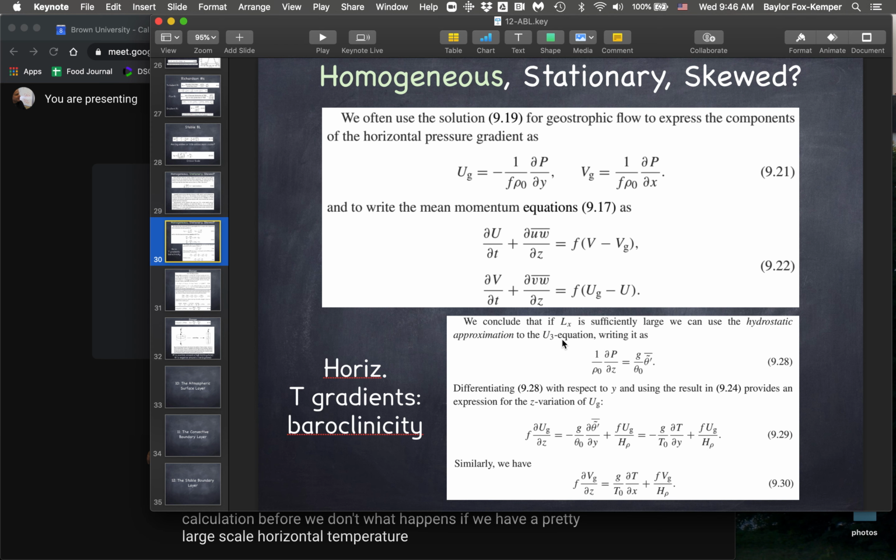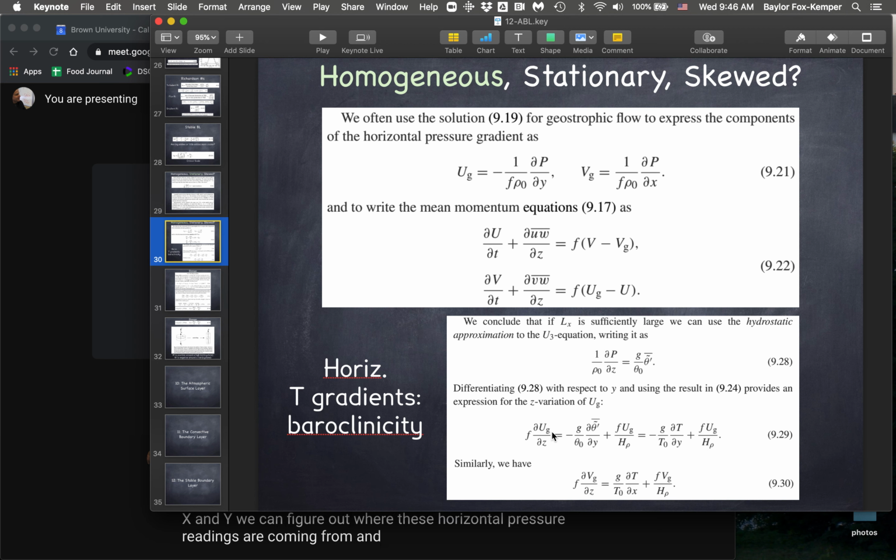The first thing we can find is if the length scale is pretty big, we can be hydrostatic instead of non-hydrostatic, and so we can relate the vertical variation of pressure to the variations in temperature. And then if we differentiate this with respect to x and y, we can figure out where these horizontal pressure gradients are coming from.